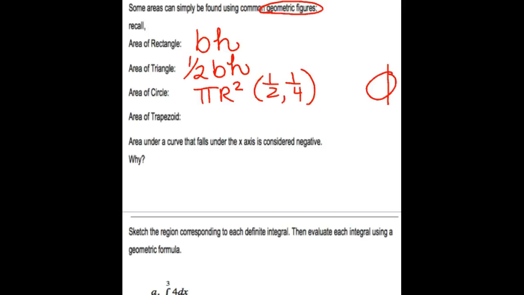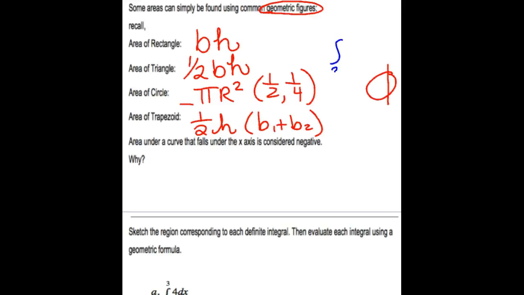So you might have a scalar multiple out front of either 1/2 or 1/4, and you might be integrating under part of a circle. And trapezoids, which have a formula of 1/2 the height times the sum of the bases, which we talked about in the last section.